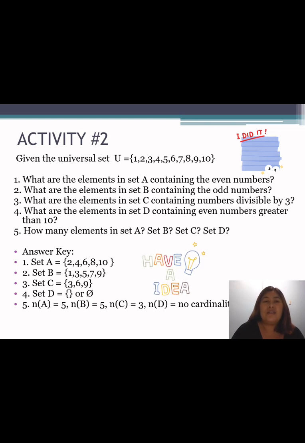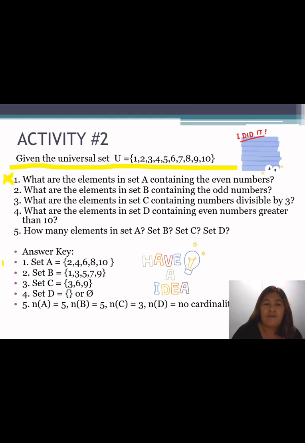Using this universal set, let us answer the following questions. Number 1, what are the elements in set A containing the even numbers? What are the even numbers in universal set U? We have 2, 4, 6, 8, 10.